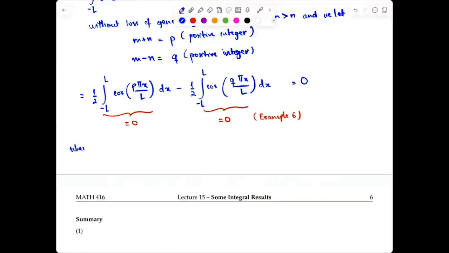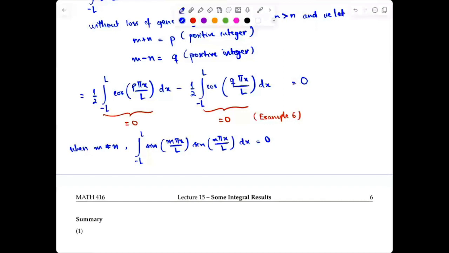So when m is different from n, the integral from negative L to L of sine of m pi x over L times sine of n pi x over L dx is equal to 0. Okay, so that's it for example 8.